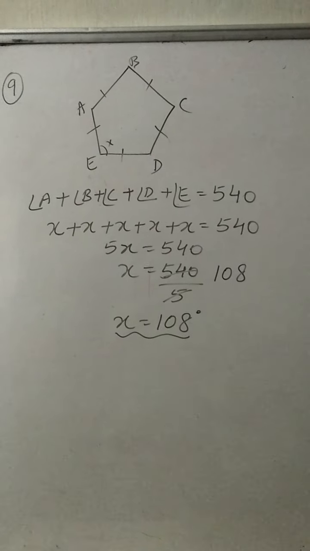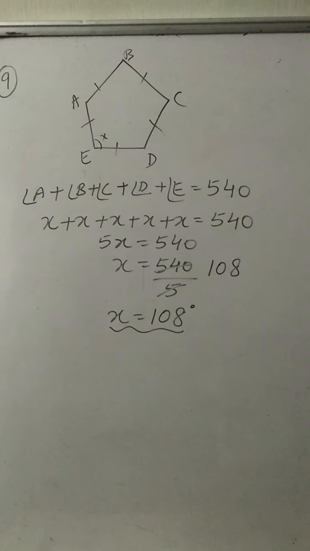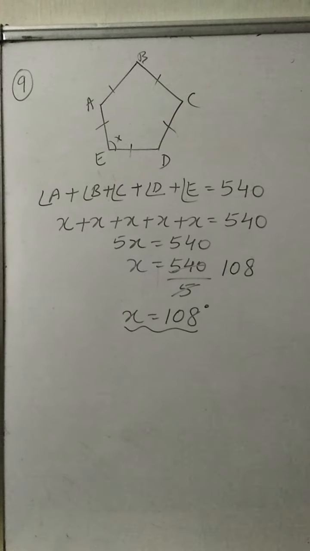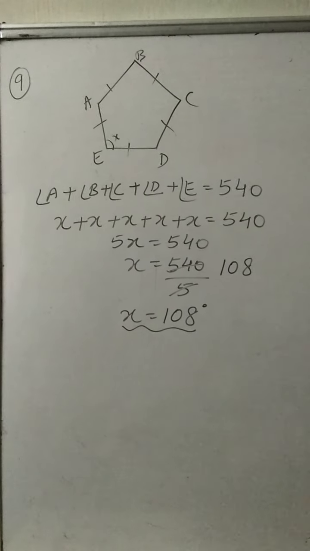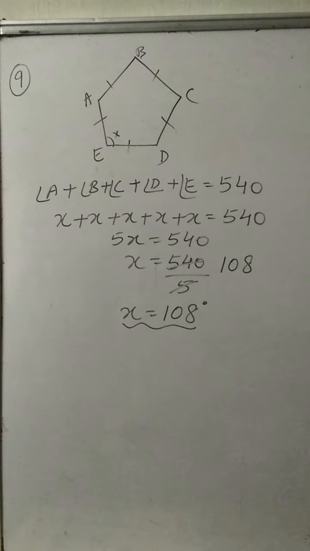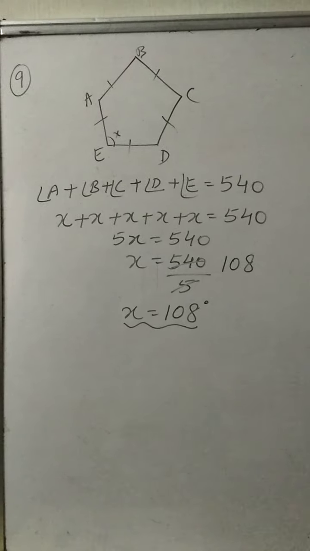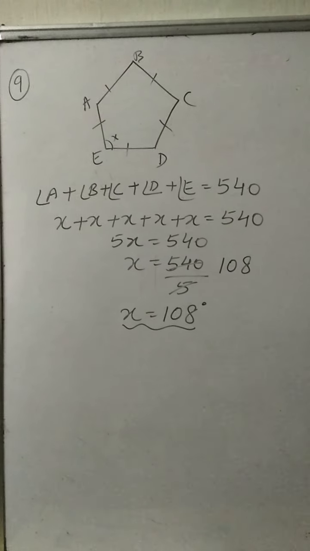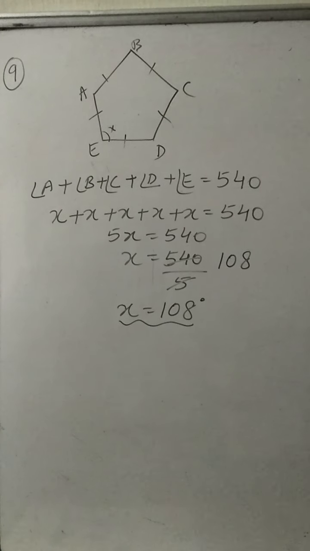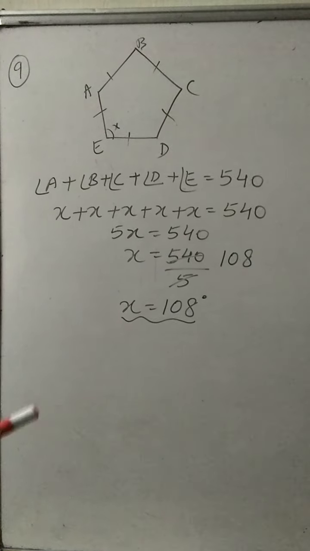So that means all sides of this polygon are equal. So it implies that this polygon is a regular polygon with 5 sides. And if sides are 5, then just now we have calculated that the sum of all the angles of a regular pentagon is 540. If you need to calculate again, you can do it.